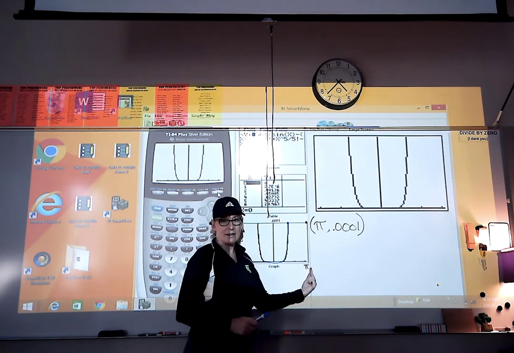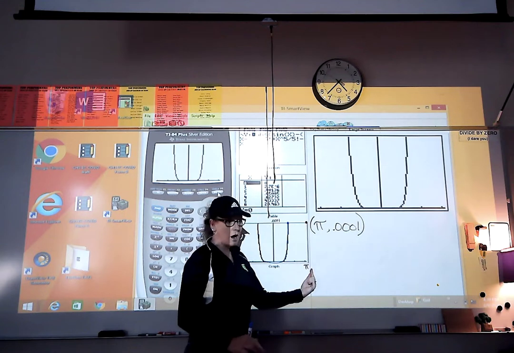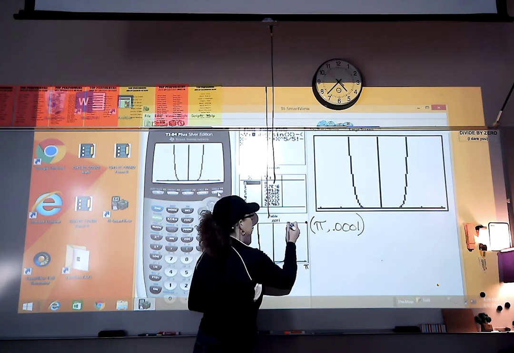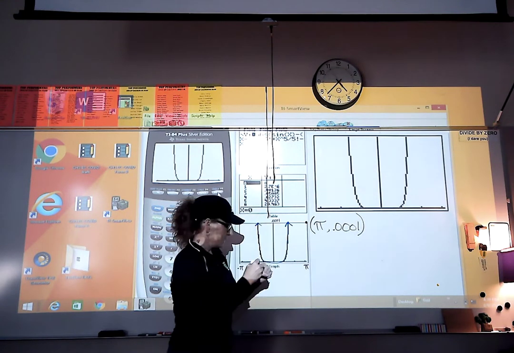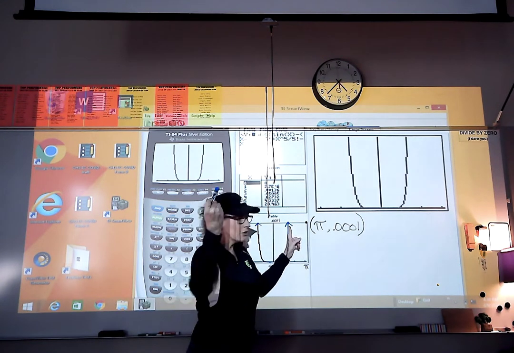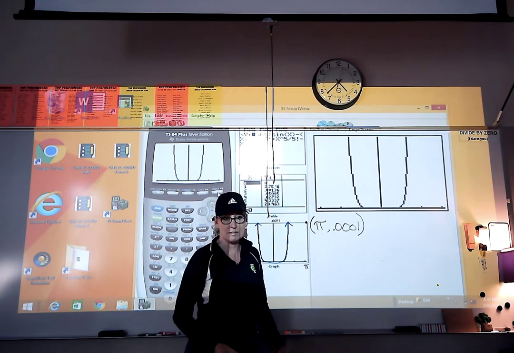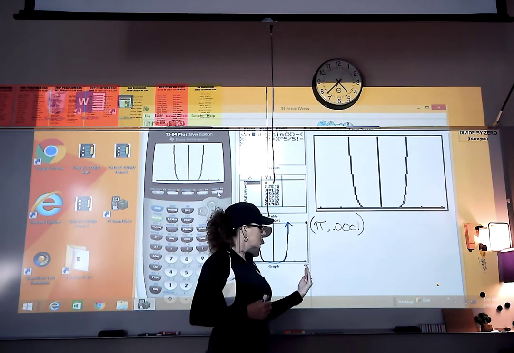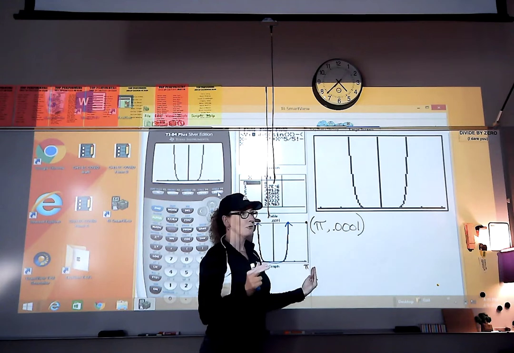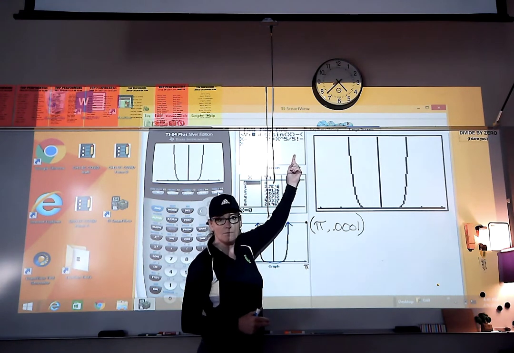At pi, is my y value on the blue function higher than 0.0001 or lower than 0.0? If you could extend it out to here, where is the blue function? The blue function is way up there.